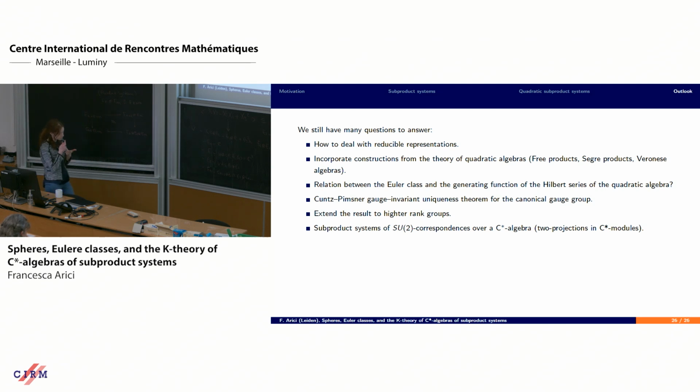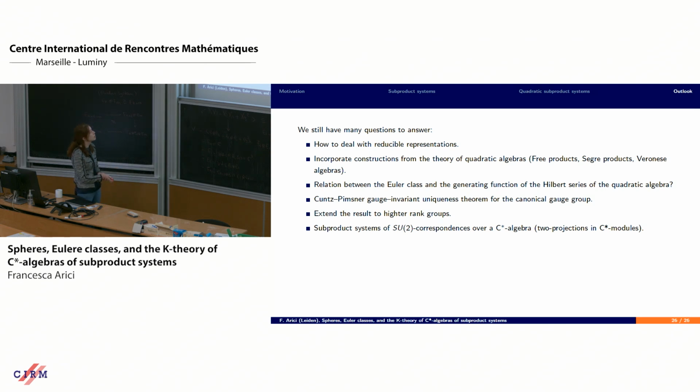And the other question that I've been thinking about, also with my PhD student, is how to incorporate constructions that you naturally have in the theory of quadratic algebras, like free products and Segre products, Veronese algebras, and so on, into this setting. So what happens if you take the subproduct system of a Segre product of two subproduct systems, stuff like that. The reason why this is there is because when we have multiplicity-free representations, we can draw an explicit connection to free products of Hilbert spaces and C-star algebras.